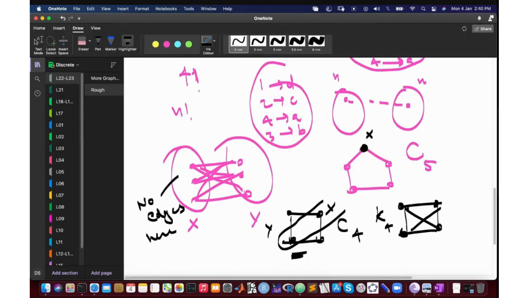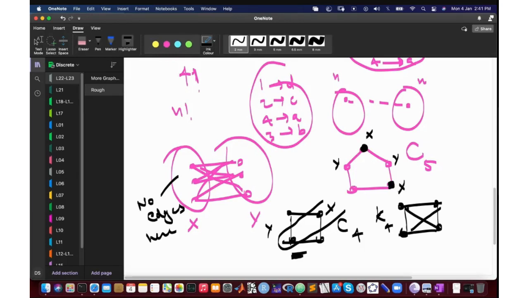So these two vertices must be colored by, let's say, pink color. Okay, अब लेकिन in pink color vertices के जो neighbors हैं, they must be black. Okay, because they cannot be pink, right? So this is in y and this is in y. अब y का जो neighbor है, this must be in x. Okay, so I know that this guy is black and this guy is in x.